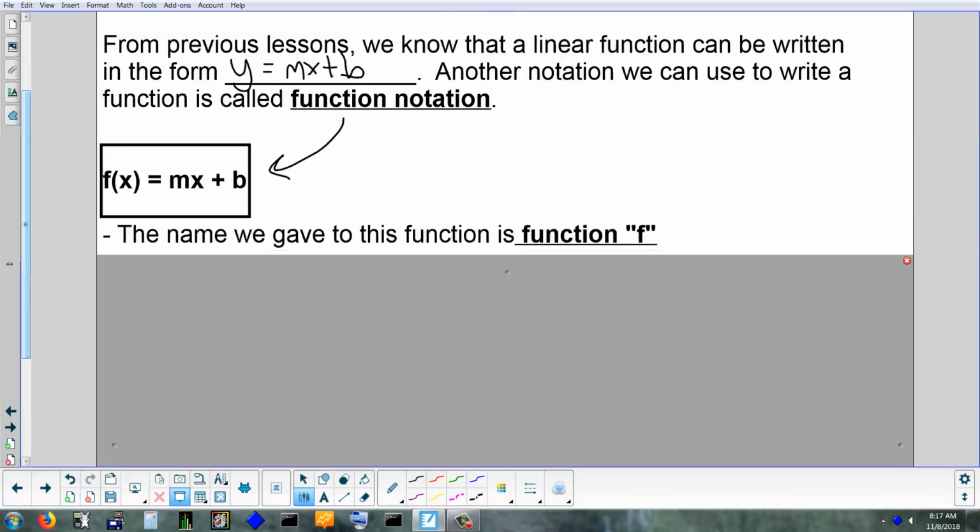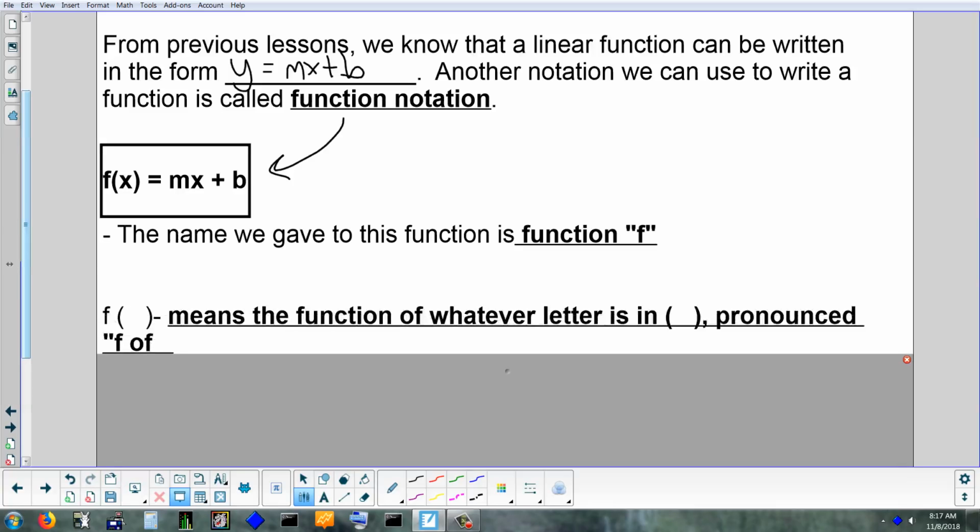You can put a, you can write m, you can write z. It doesn't matter. All right. Whatever that letter is, the letter to the left of the parentheses, that'll be the name of the function. In this case, it's f. Most often you're going to see f, guys, but again, you can use any letter you want there. All right?